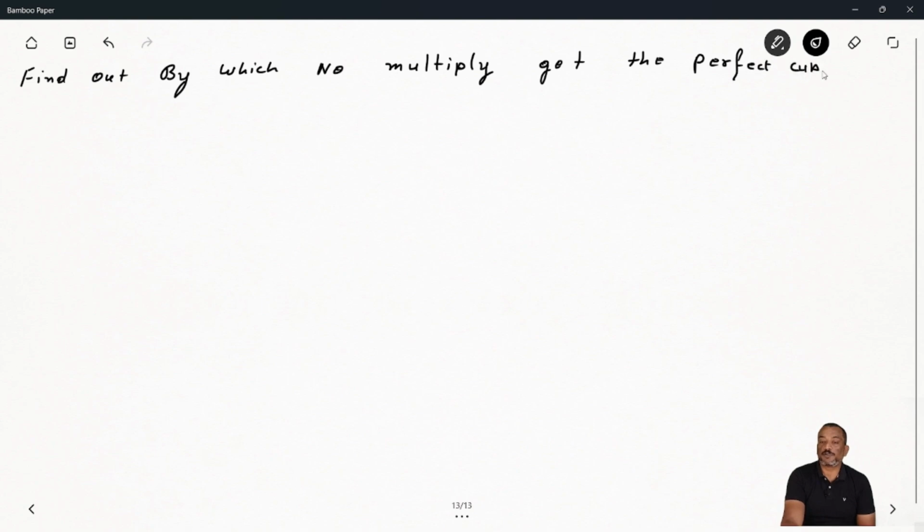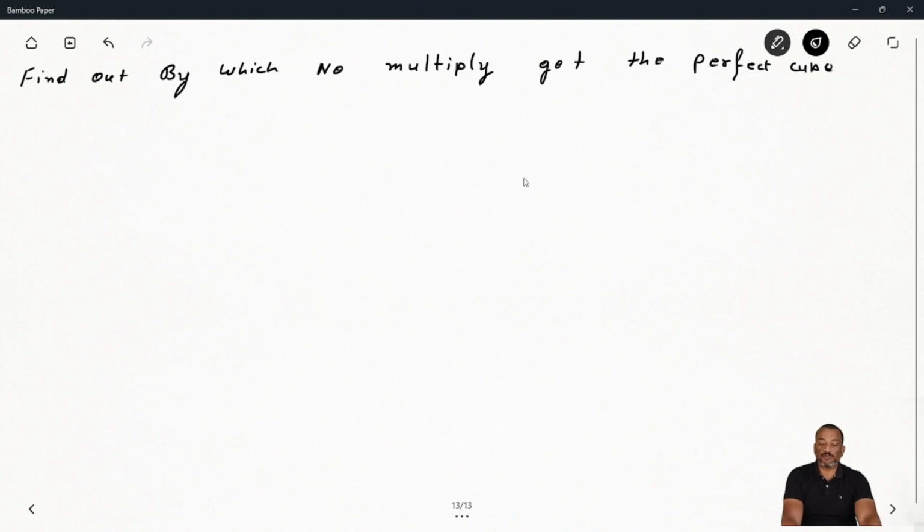So sometimes you will get a question like that: by which number can we multiply so you can get a perfect cube of the given number. Okay, so in this one, hope you remember we have done the last chapter, square and square root. There also we have done the same type of question. Okay, so here also you don't have to worry.